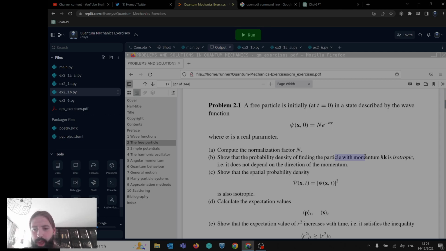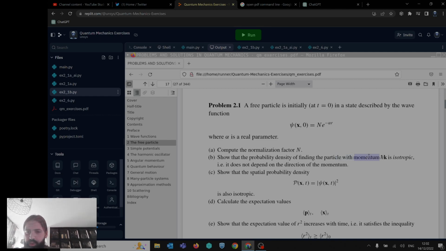But I would know how to solve this. Basically, you need to do the transformation. Show that the probability density is independent of this specific momentum.